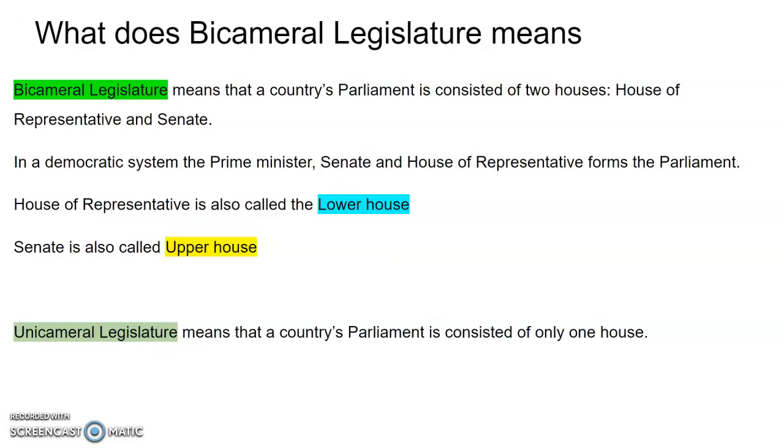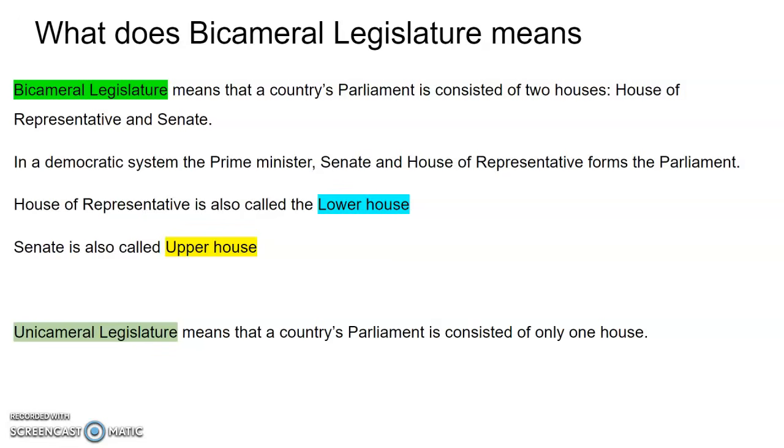Let me repeat that. A country that has a bicameral legislature means that that country's parliament consists of a House of Representatives and a Senate. Now, in a democratic system, the Prime Minister, the Senate, and the House of Representatives form the Parliament.